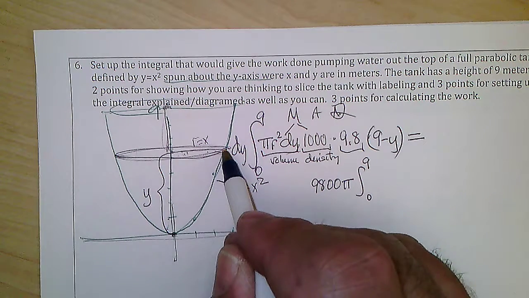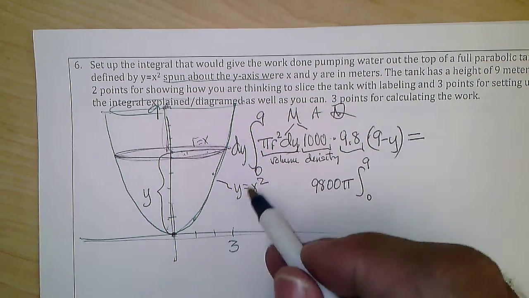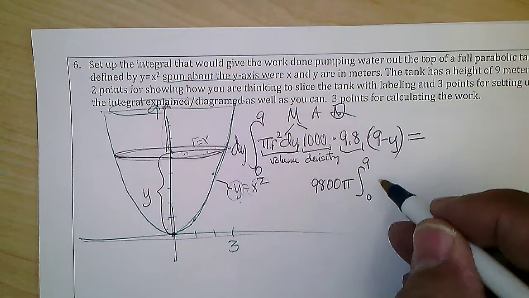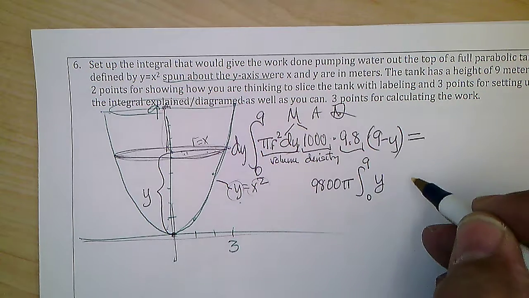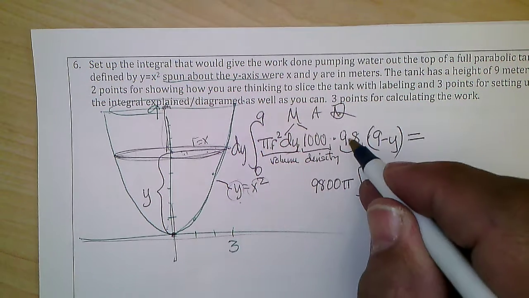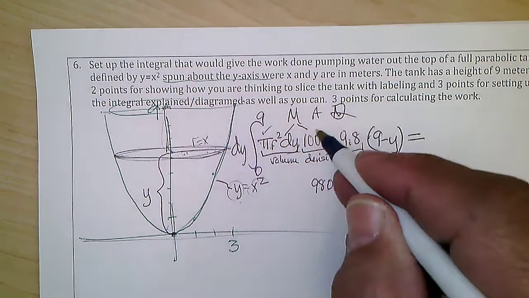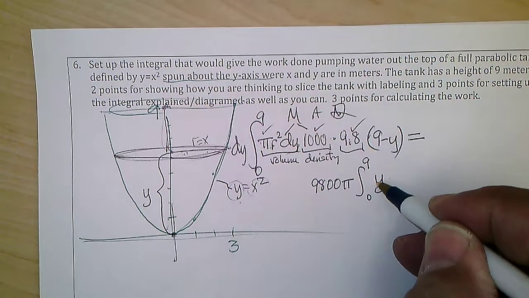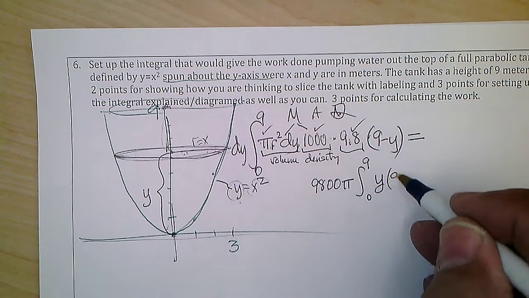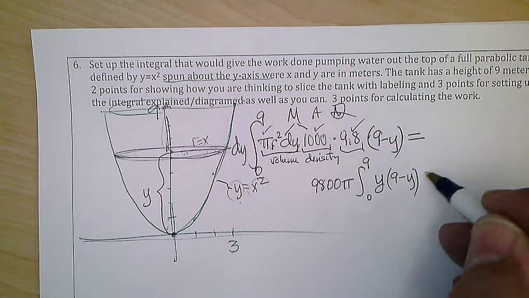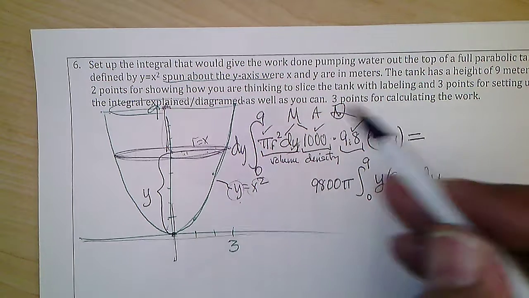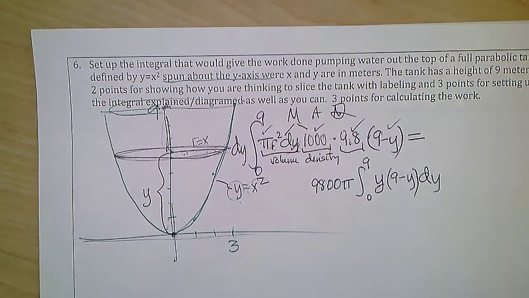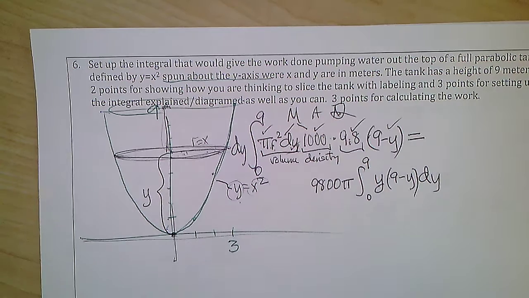Well, r squared would be x squared. Well, x squared is y, and we want it in terms of y, so r squared is just y. Times the 1,000 we got out, the 9.8, the pi, that's out, that's out, that's out, that's there. And then we have a 9 minus y dy.